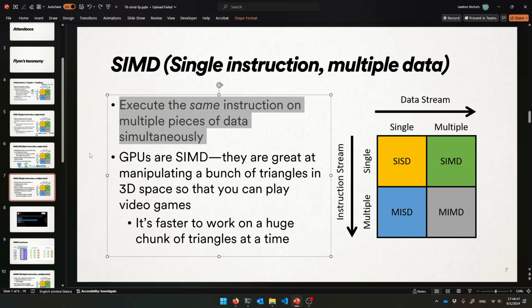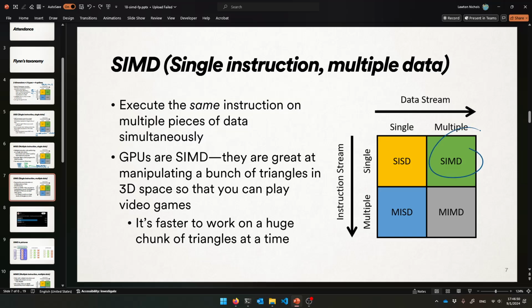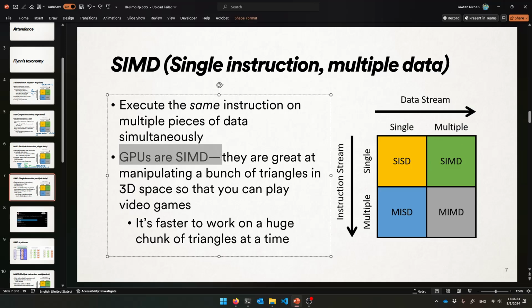All right, and the reason we care so much about SIMD processing is because GPUs are all about SIMD stuff, right? Single instruction, multiple data. GPUs are really good at doing the same thing to a bunch of pieces of data. They're really, really good at messing with a bunch of triangles so that you can draw them really quickly on your screen.